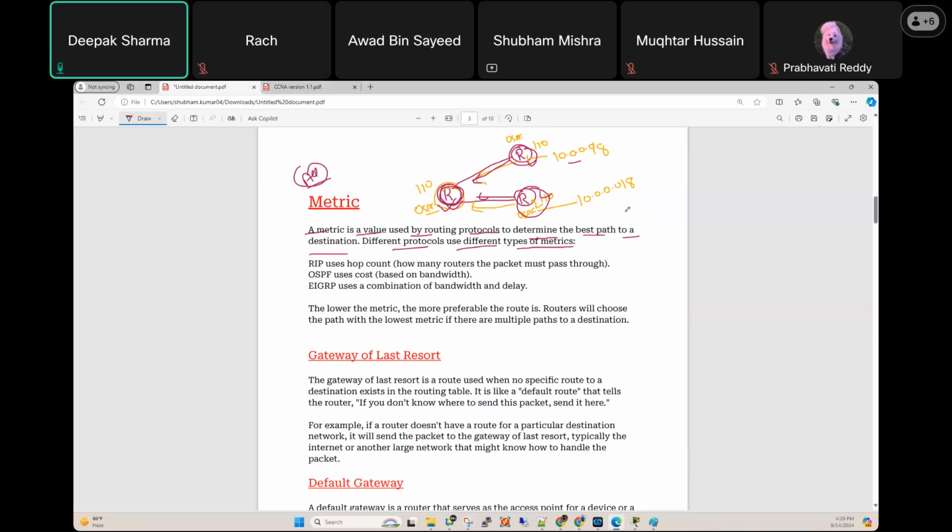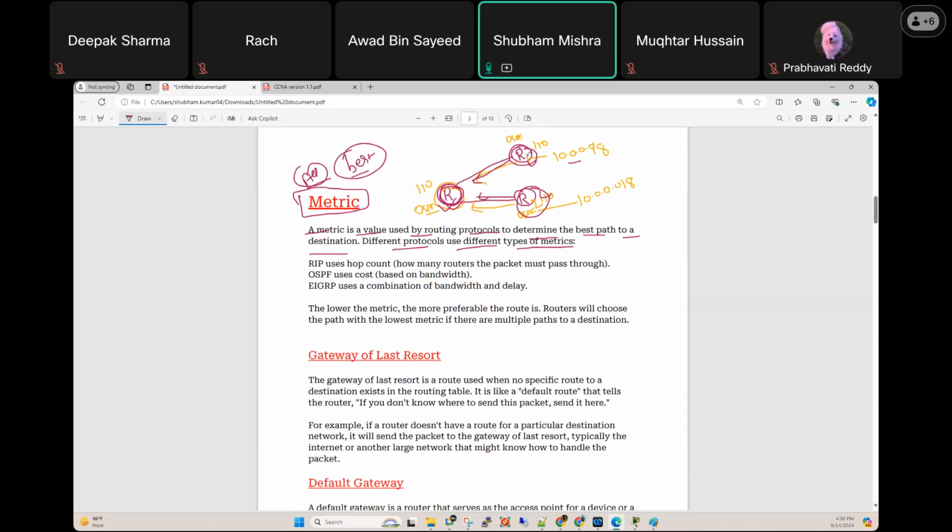Now, when you get this type of situation where the AD value is a tie, after that we check the metric value. Getting my point? So on the basis of the metric value, the router decides the best path to reach the destination.